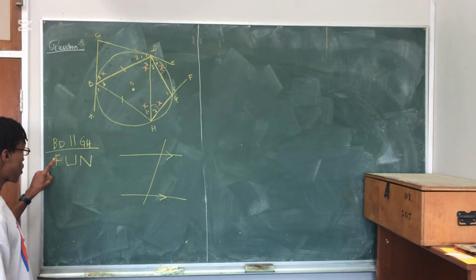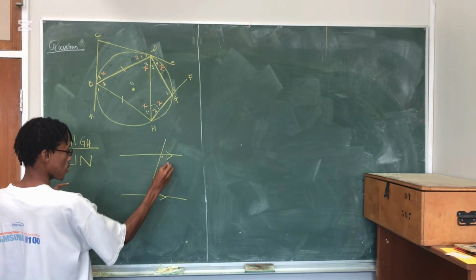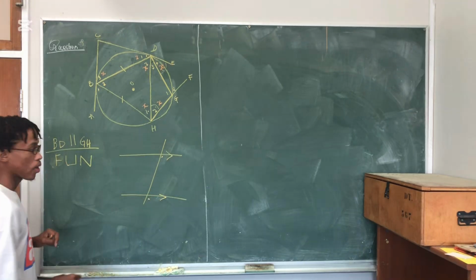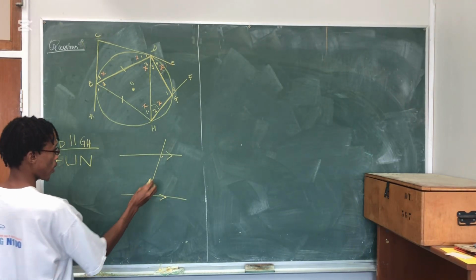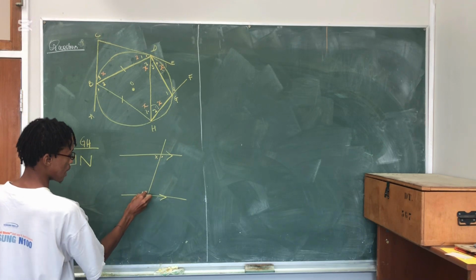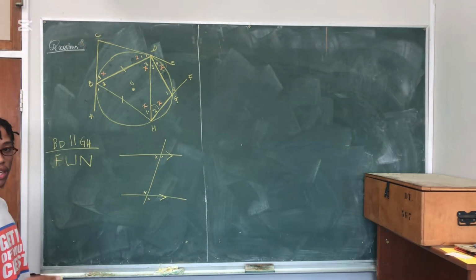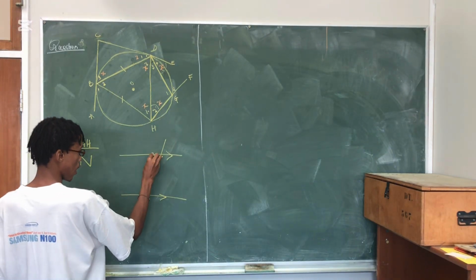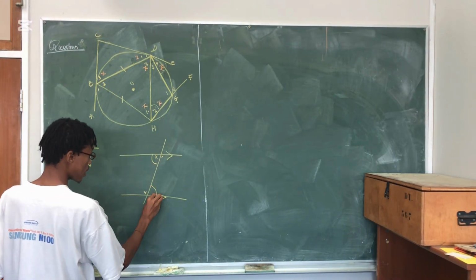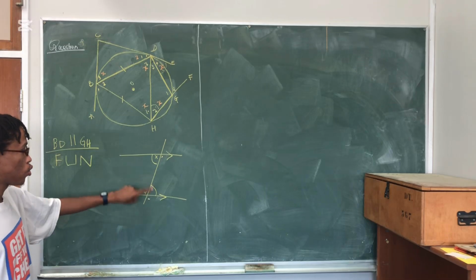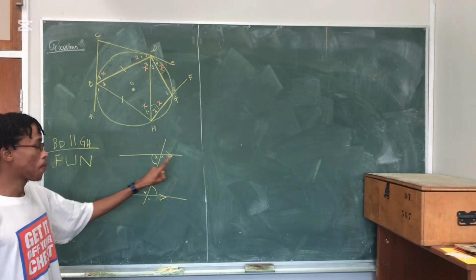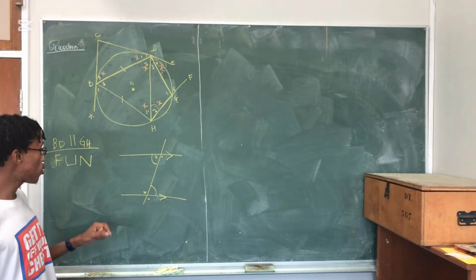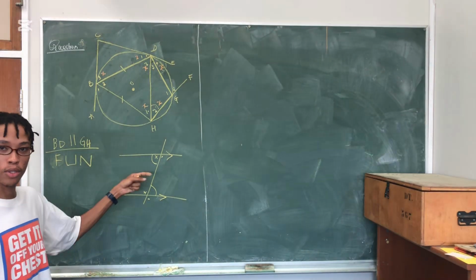We have corresponding angles, such as this one. We have co-interior angles, where this angle plus this angle is equal to 180. We also have alternating angles, this angle being equal to this angle. They hold true if these lines are parallel. We can also use them to prove parallelism between lines.